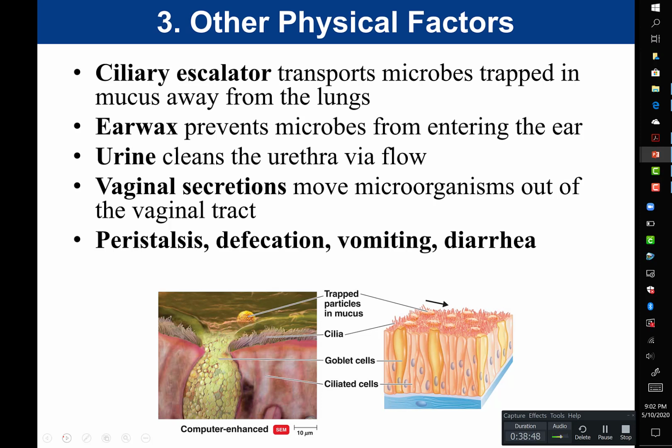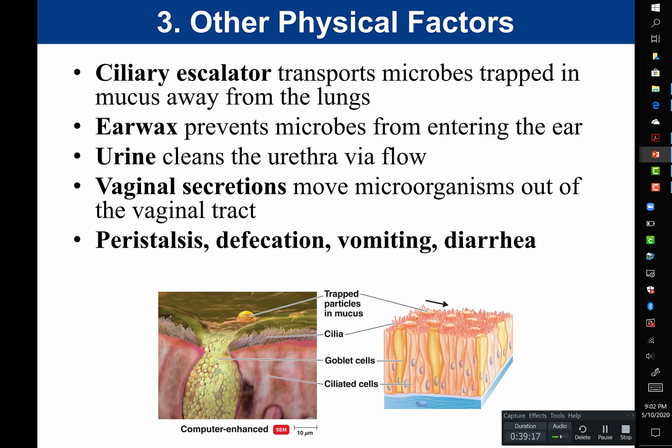And so lastly, we have other physical factors, right? Other physical factors that impede entry into the body. We have our ciliary escalator, and the ciliary escalator are the cells that have cilia on them, and the cilia beat back and forth, and they help to push microbes away from the lungs.